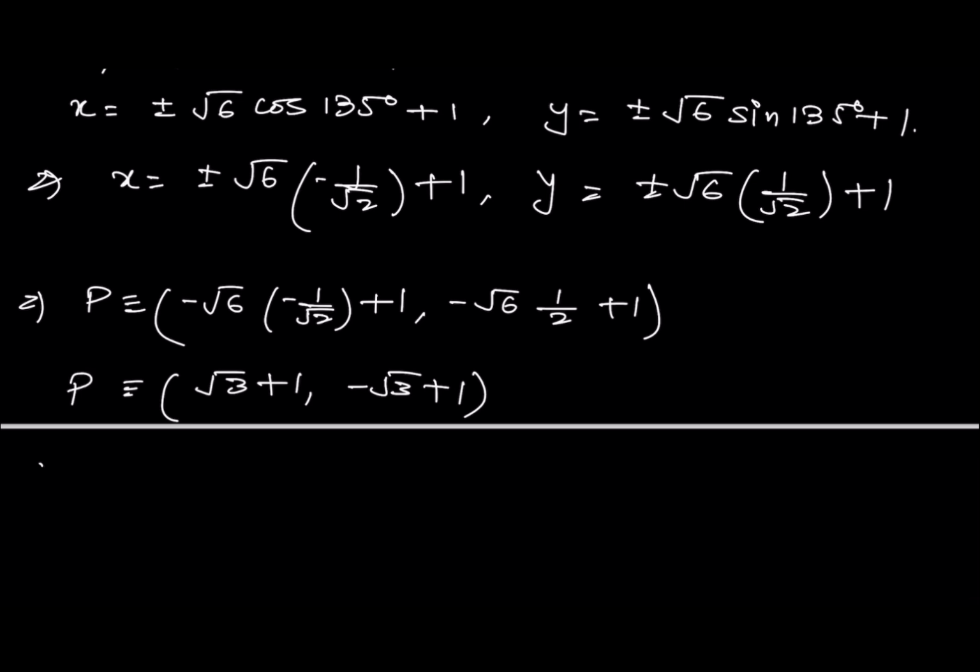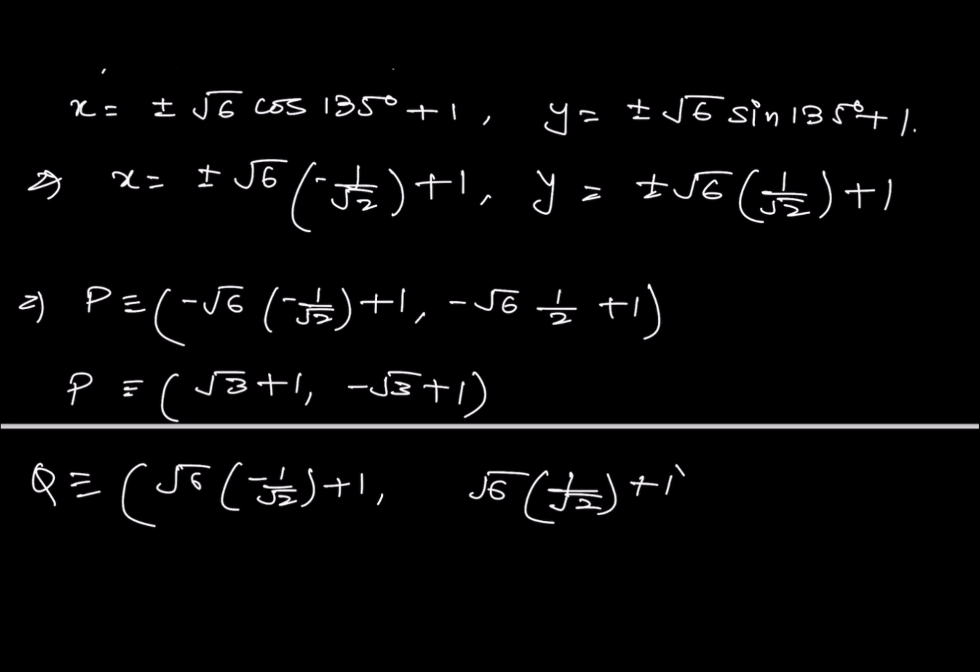P, and Q is, for Q take plus, so root 6 into minus 1 by root 2 plus 1 comma root 6 into 1 by root 2 plus 1.